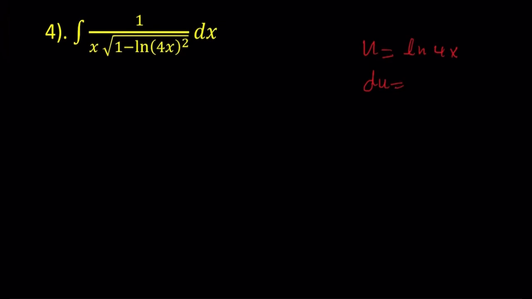Du is equal to, remember ln u, I'm just going to tell you ln u is really 1 over u, in other words 1 over 4x times the derivative of the 4x, which is just 4, and we put our dx right there. This cancels with this, so our du is going to be 1 over x dx. Okay, so just remember that.